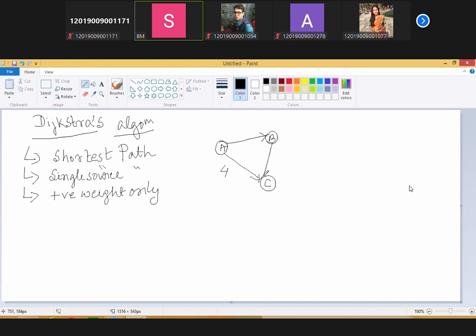Please remember that whenever you are doing it by program, every time you will get, or you need to take, the input of a graph as a matrix only. No other way is there.